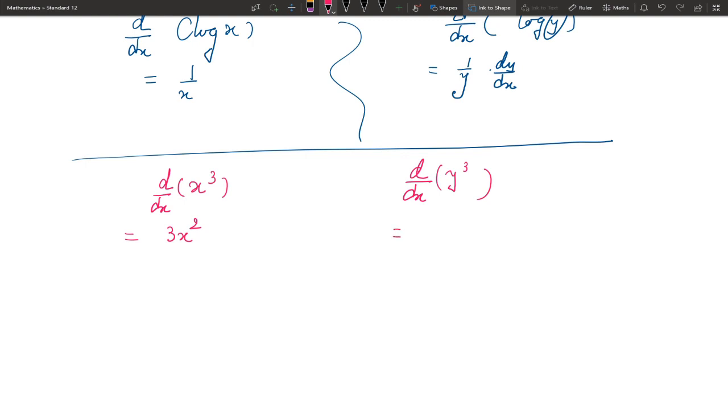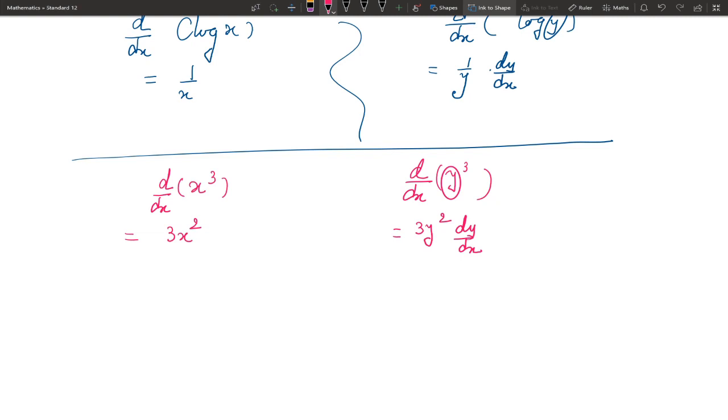But here derivative is 3y square, and inside you have to consider y as an implicit function of x, so by chain rule dy by dx. So you can note the difference between the derivative of x cube with respect to x and the derivative of y cube with respect to x.